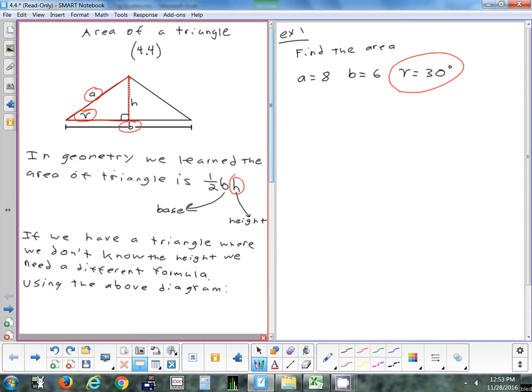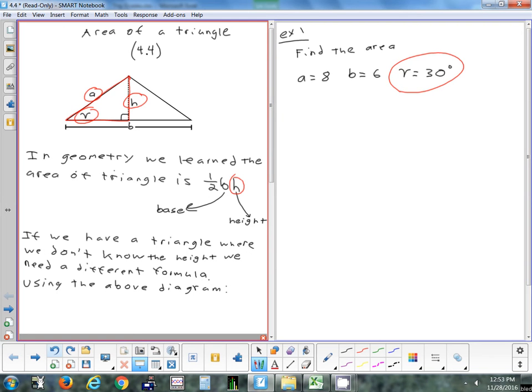Does anybody remember what trig function, either sine, cosine, or tangent, I could use that would involve, let me circle the three things that I'm going to work with. They're giving me A. I want to find H. And they're also going to give me gamma.